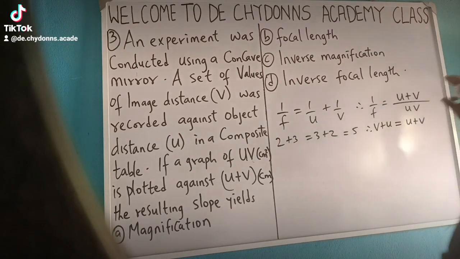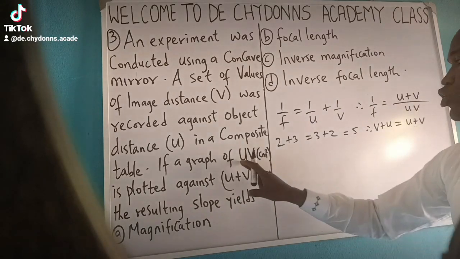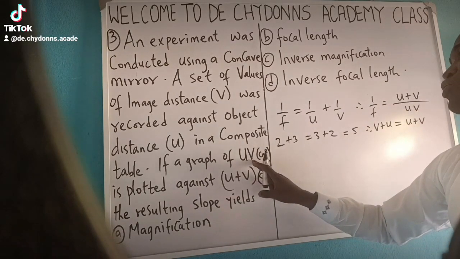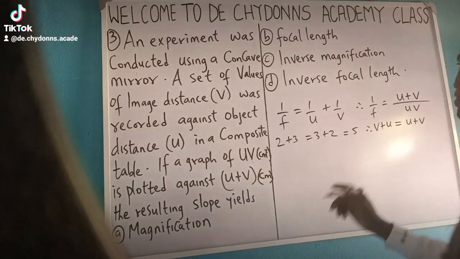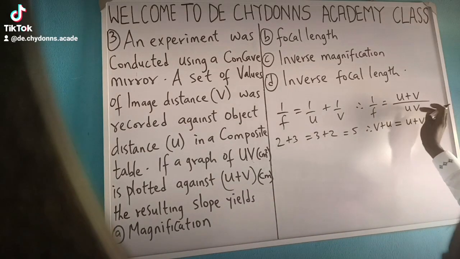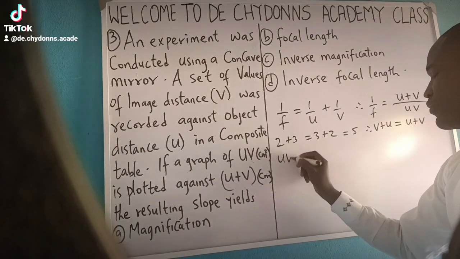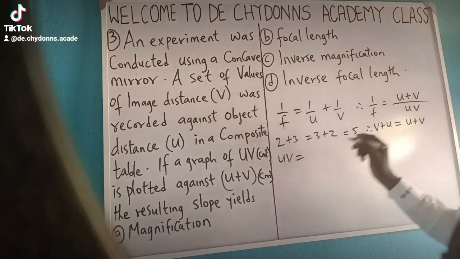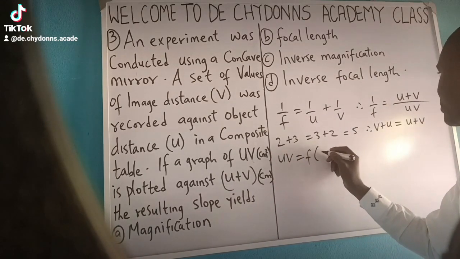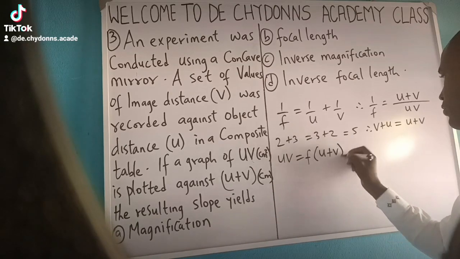Now, after getting this, how can we arrange it so that uv is plotted against u plus v? Cross multiply: uv times 1 is uv, f times (u plus v).